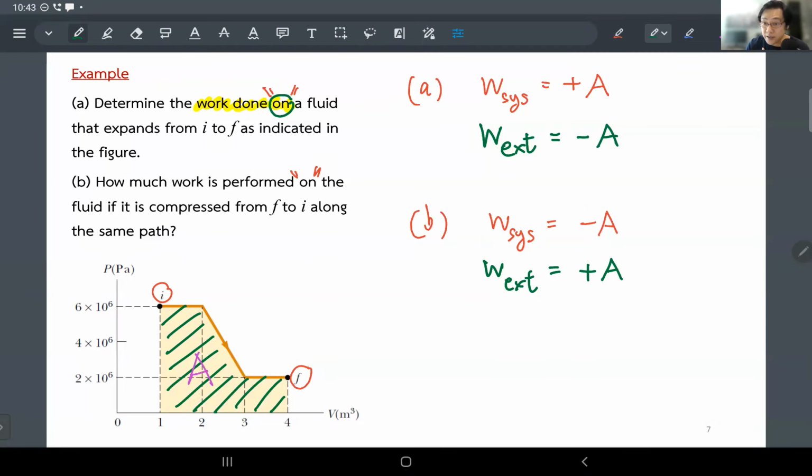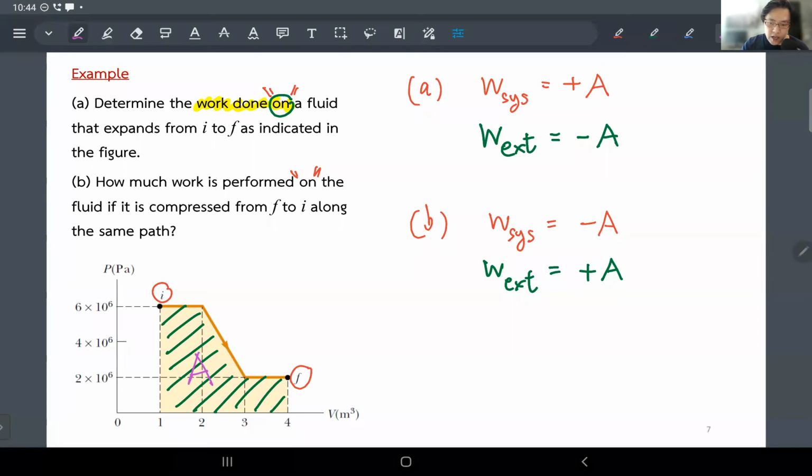Okay, there's a question coming, let me read. But you guys try to understand what I'm doing right now at this point. Okay, that's a question. Oh, okay, the question is why can't we take the absolute value of the W external as the answer for part A? Okay, here we go. That's a good question.